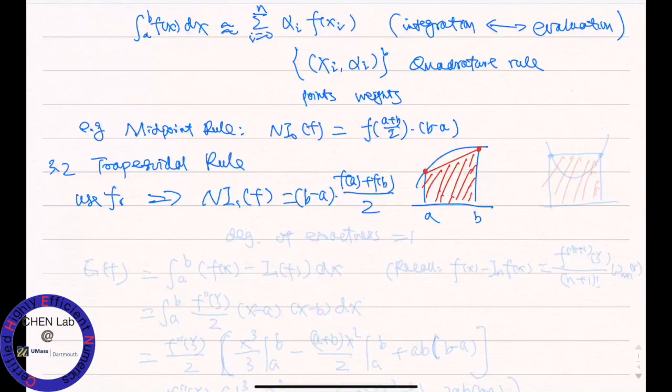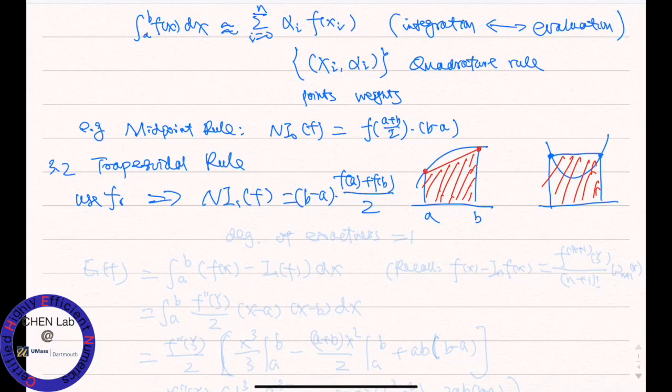If you have a quadratic, what this is doing is evaluating this guy, which is that.